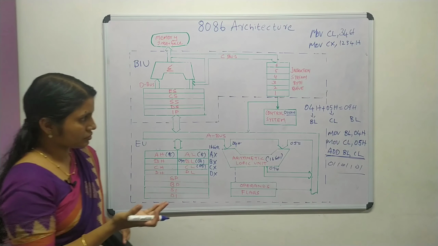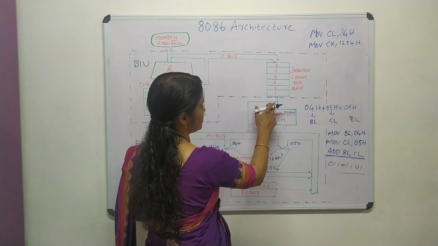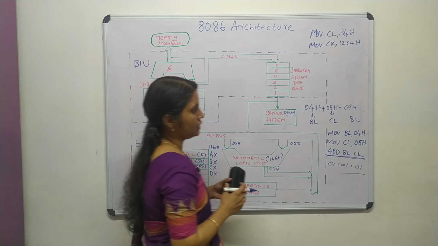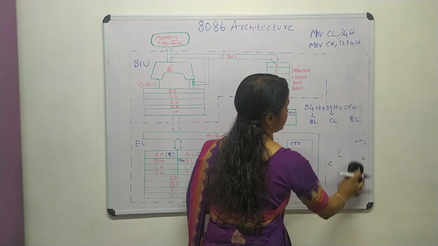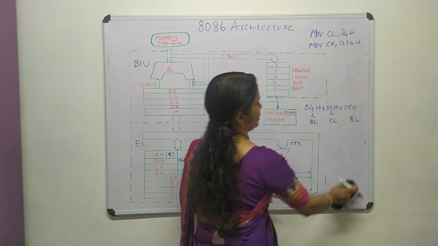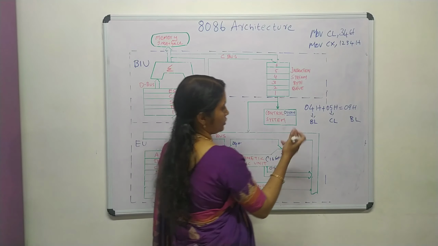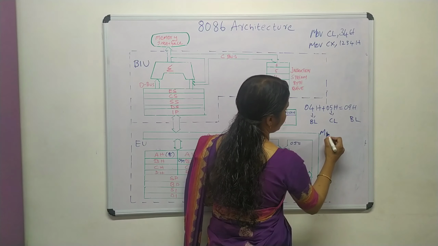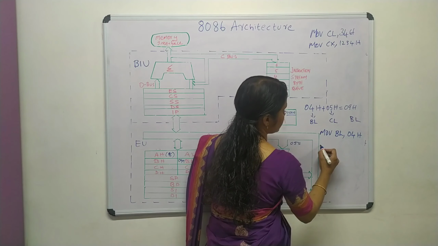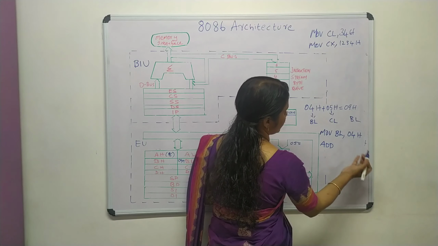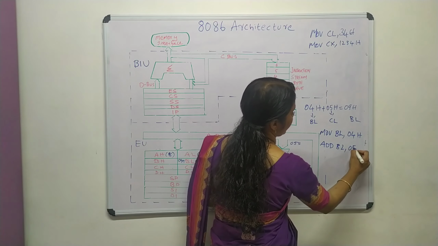And also, what is the need of this arrow? I will make it clear. Suppose we transform this instruction like this: move BL comma 04H, so BL will have the value of 04H, then add BL comma 05H.